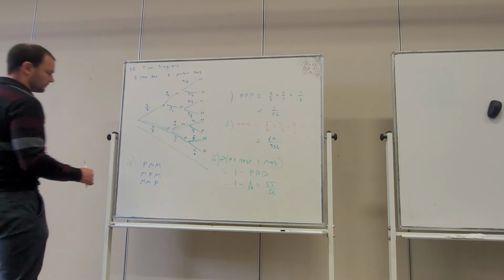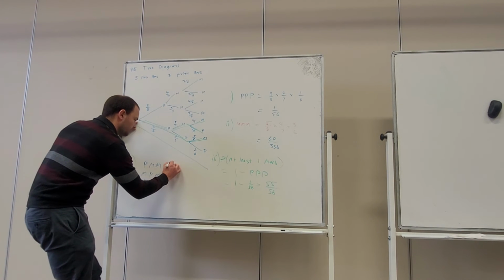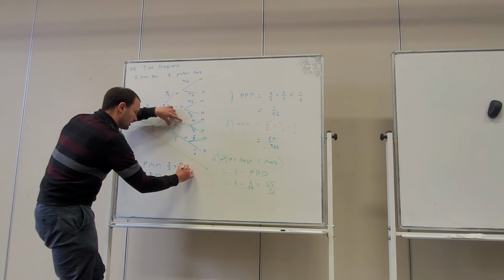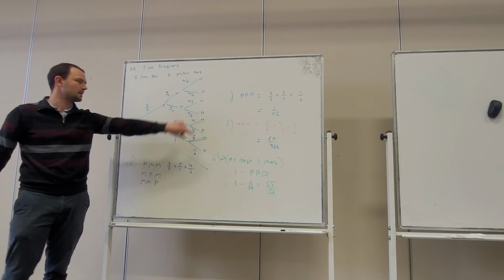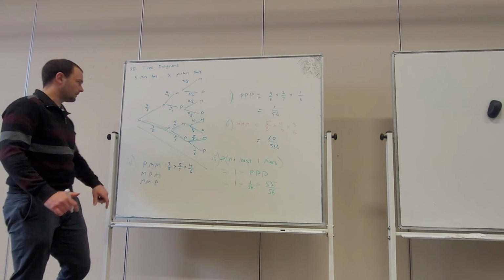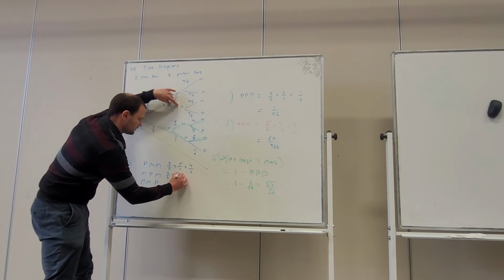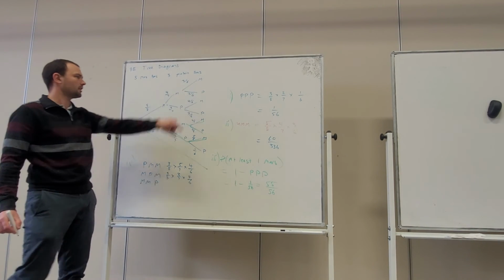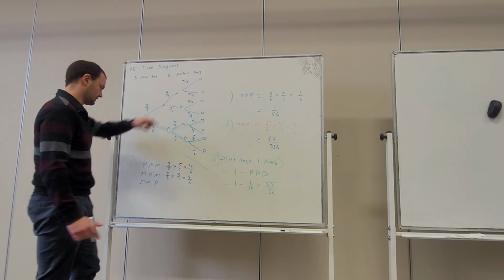So protein bar, Mars bar, Mars bar is going to be 3 on 8 times 5 on 7 times 4 on 6. The next one, Mars bar, protein bar, Mars bar, is going to be 5 on 8 times 3 on 7 times 4 on 6. And then the last one, 5 on 8, 4 on 7, 3 on 6.